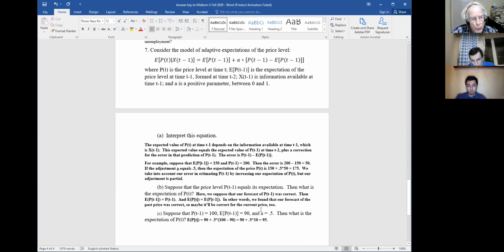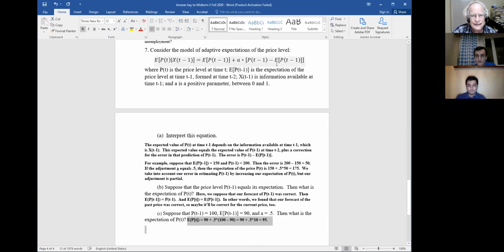And suppose that A is equal to 0.5. In this case, then what is the expected price level for time t from the model? So what do you think?